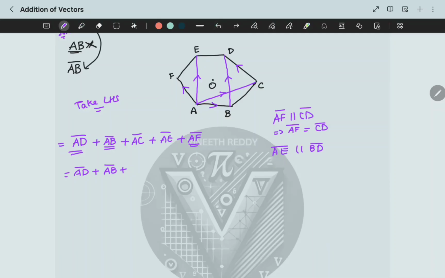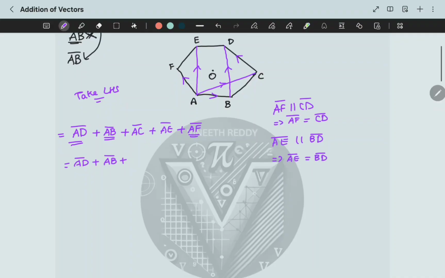And since it is a regular hexagon, can we say AE vector is equal to BD vector? See, regular hexagon means all the sides are equal. So we will do one thing: we will replace AF vector with CD vector. Okay, let us write CD vector here. And we will replace AE vector with the BD vector.